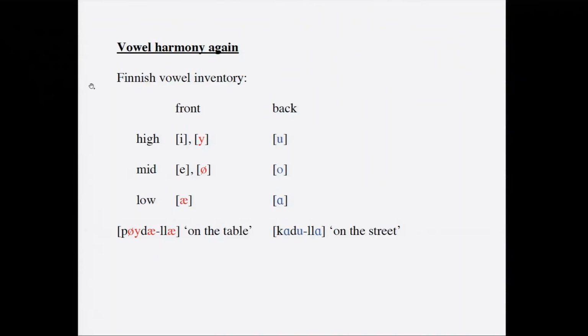Now, here's the thing. There are also the green vowels. Why do I have green vowels? The red vowels all have the property that there is a blue vowel, a back vowel, that is identical to the red vowel in every way except that it's back instead of front.